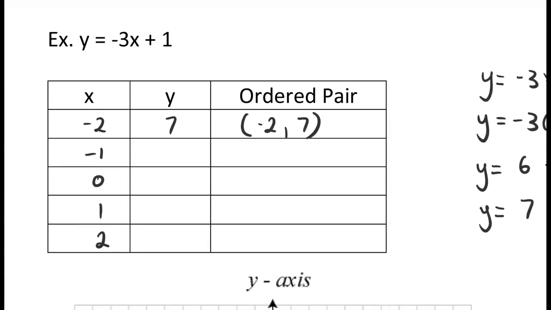Back over to our table of values, negative 1 got us a y value of 4. So what was our change here? Well, we set this one up as plus 1. This was a change of negative 3. So it went down by 3 here. Let's see if this happens again.